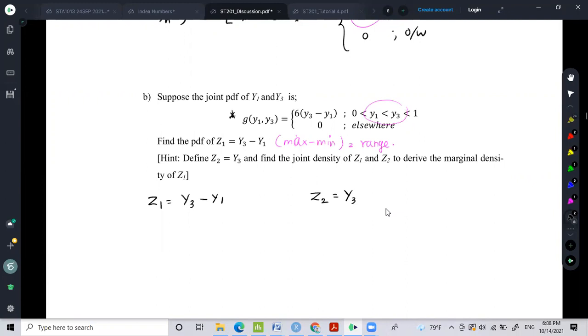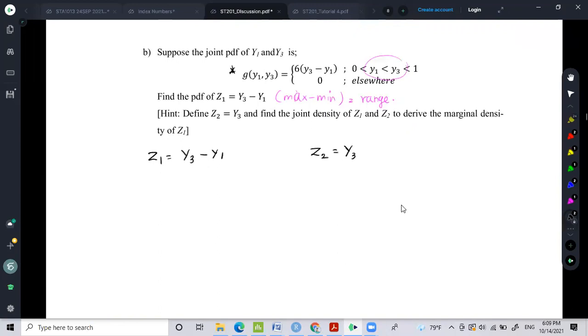You have to end up with the same answer, but when you define Z2 to be Y1 and integrate out, it may cause some complications. Therefore, the easiest way is defining your dummy Z2 to be Y3. But I recommend you try Z2 to be Y1 as homework.